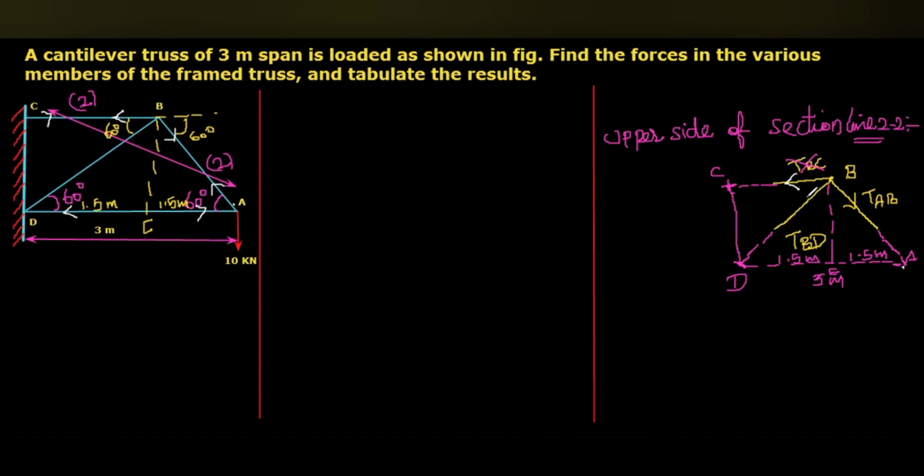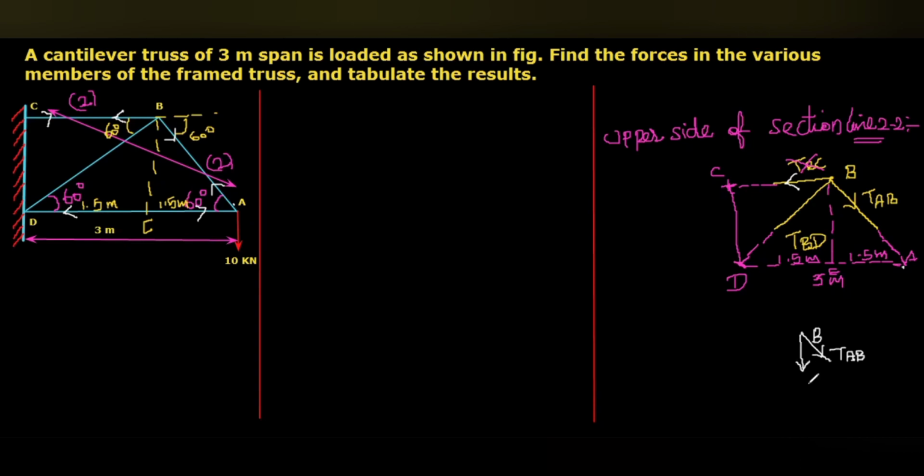Here, guys, listen. This TAB, we are going to resolve into two components. If this is the direction, from the point B, I will draw the diagram here. From the point B, this is TAB. And we know that the angle with the horizontal is 60 degree.